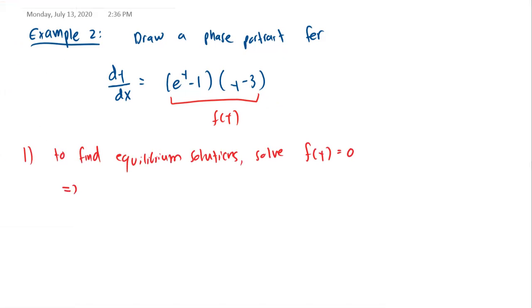So for us, that is (e^y - 1)(y - 3) equals 0. Whenever you have a product equal to 0, just as in the previous example, the only way this is 0 is if each of the factors is 0, right? So if you remember that from college algebra, from this you get the equation e^y - 1 equals 0. From this you get the equation y - 3 equals 0.